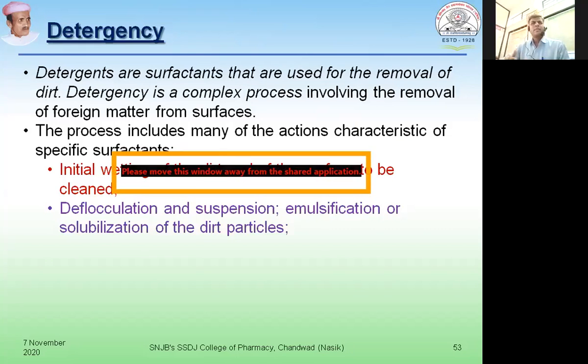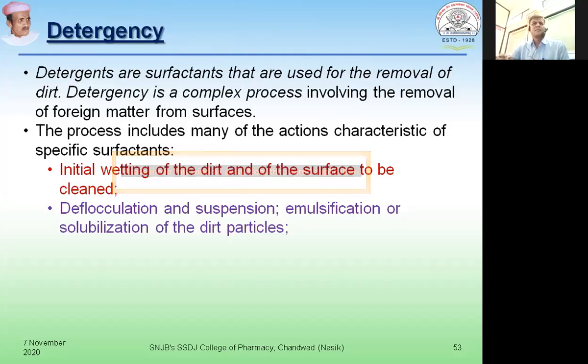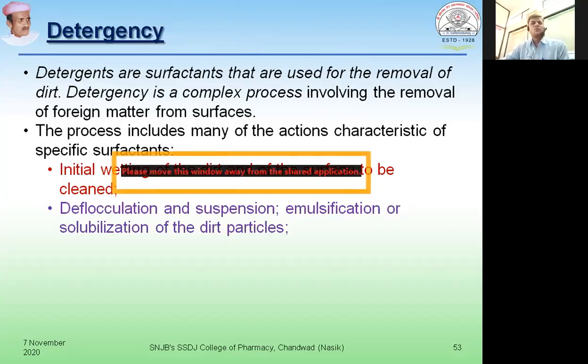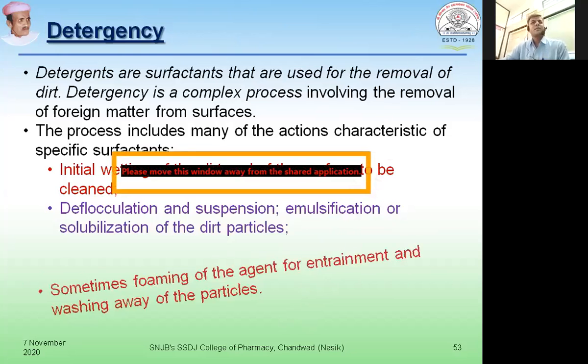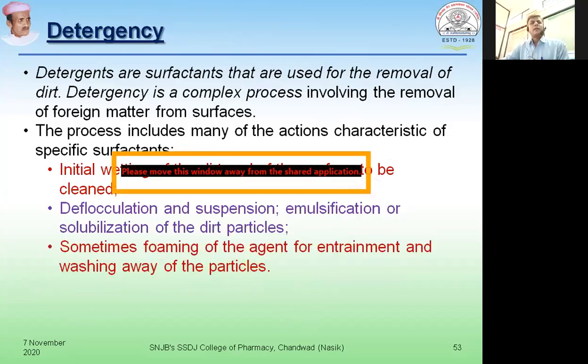As we have said, when surfactants are being used at concentration which crosses CMC, they form micelles. So if micellar solution is there, the oily material or dirt particle will get dissolved or solubilized into the core of the micelles. And the last step is washing away of the dirt or the particles.